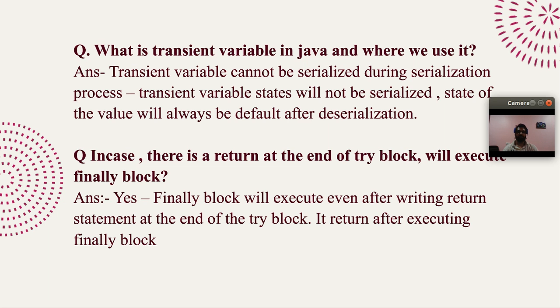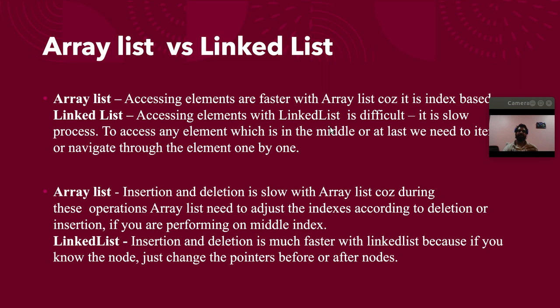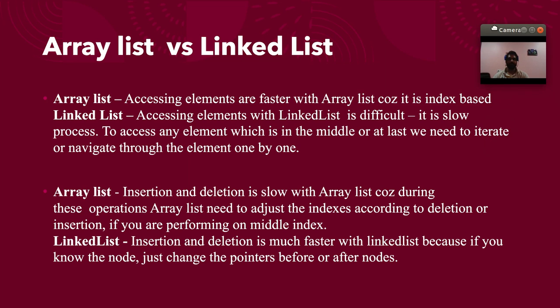So the next question was: what is the difference between an array list and a linked list? Basically, the array list is used where we have to access some element from a collection, then we can go for the array list.